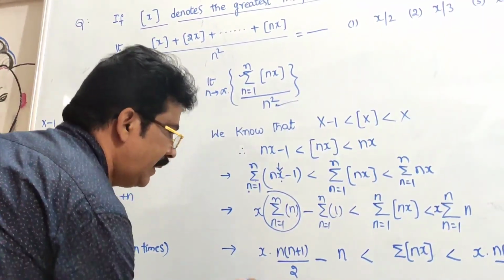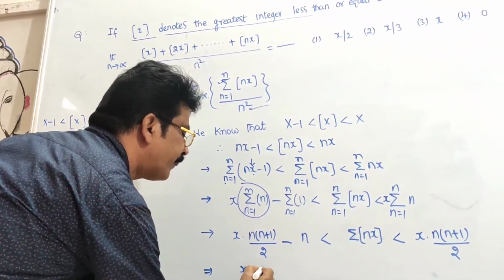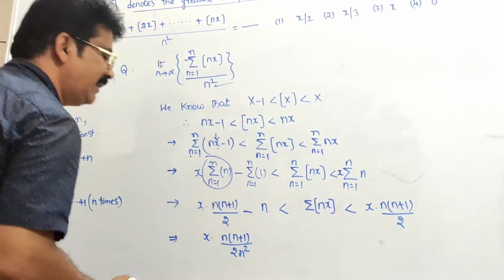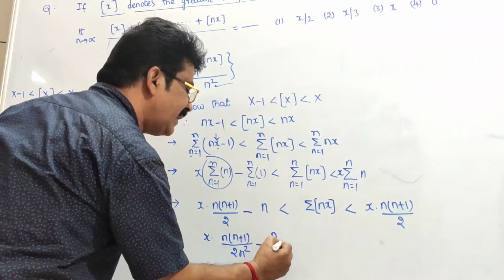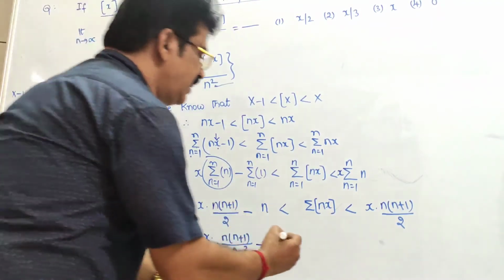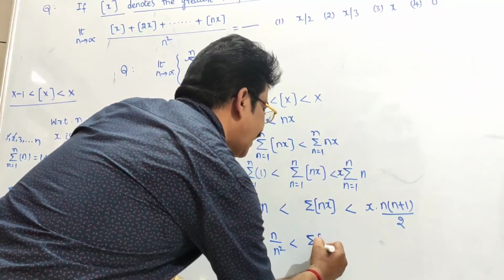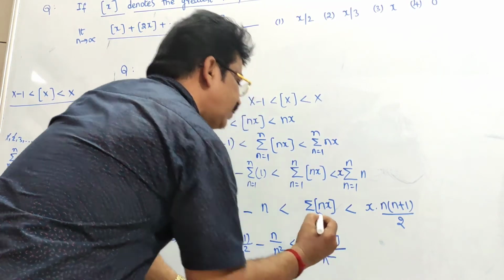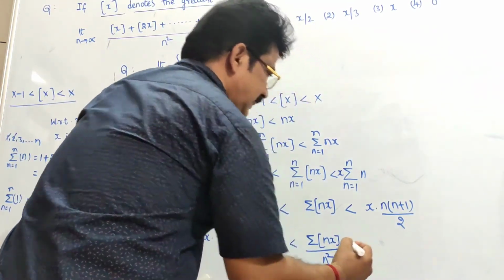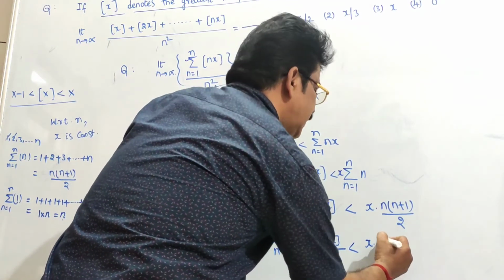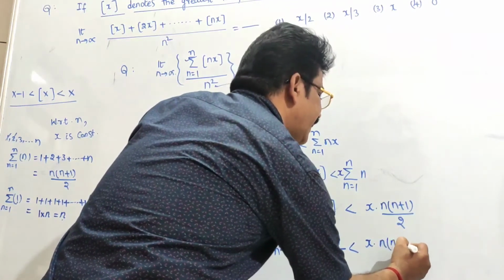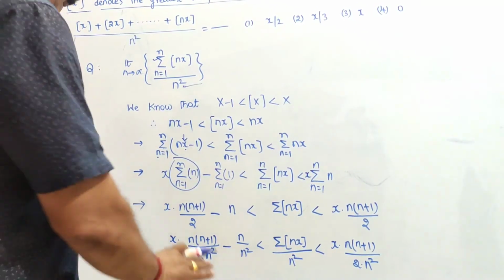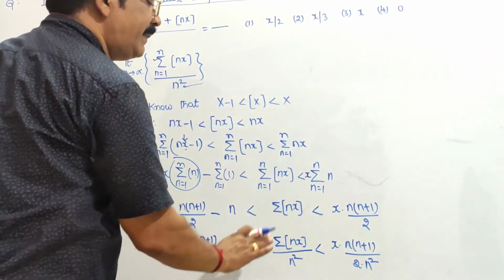So that implies, divided by n square, x into n plus 1 by 2 (already 2 is there), and we are dividing by n square, minus n by n square, is less than sigma box of nx divided by n square, which is less than x into n plus 1 by 2 n square, divided by n square.